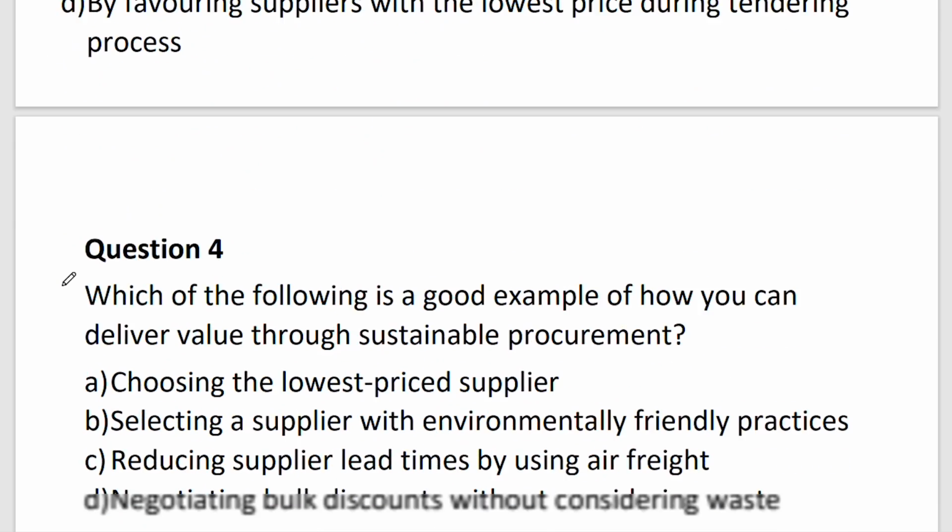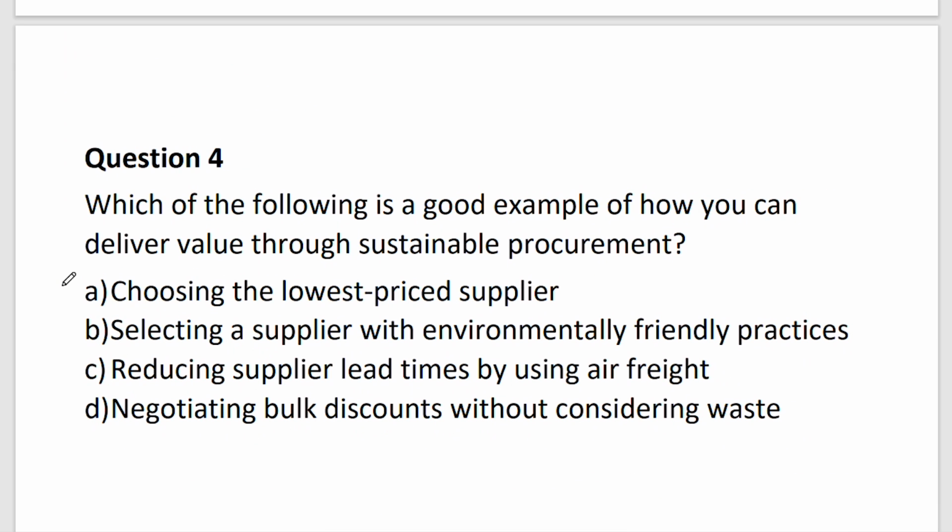Number 4: which of the following is a good example of how you can deliver value through sustainable procurement? Sustainability is, again, those environmental, social, governance factors, the ESGs. Sustainability is one of those things that is a big deal in procurement.